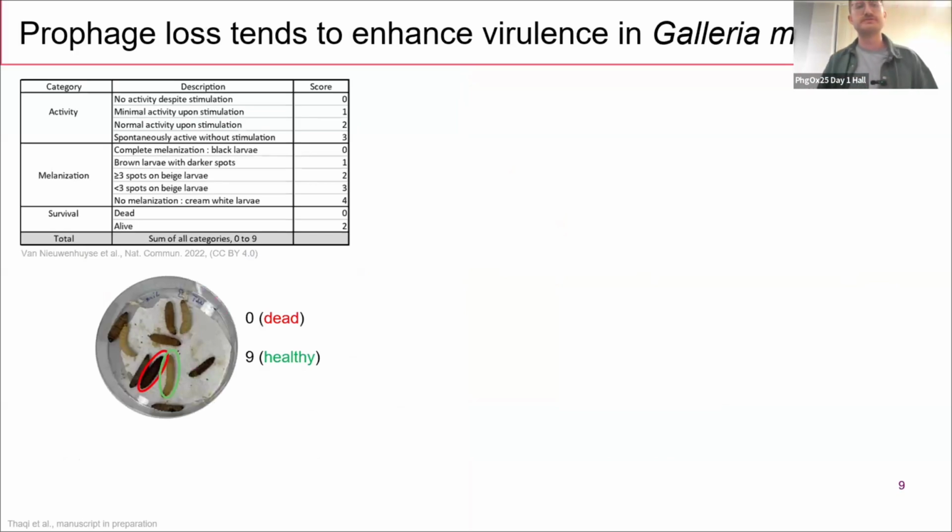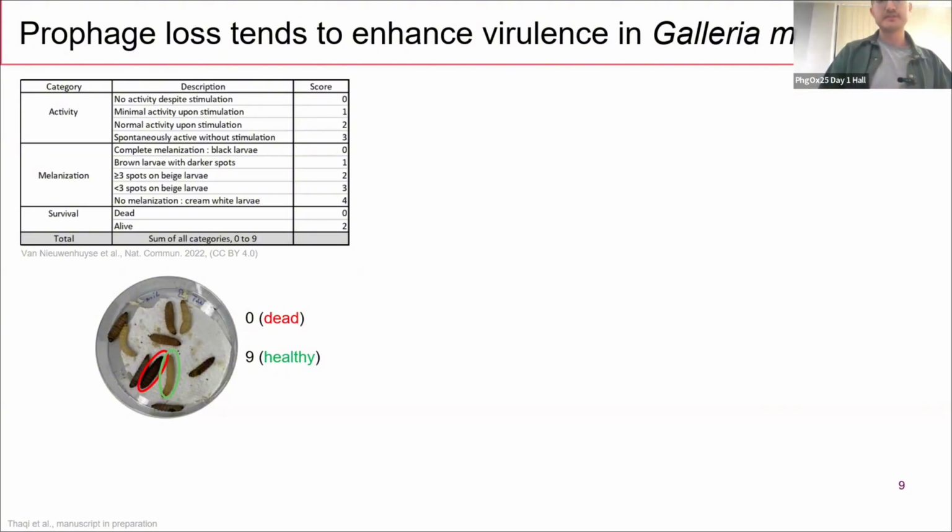Now, to try to see if any of those phenotypic changes then translate into changes in virulence, we used an in vivo infection model, namely the Galleria mellonella wax moth larvae. And there we infected the larvae, 30 of them each, with the different strains, and tracked activity, melanization, and survival over 5 days.